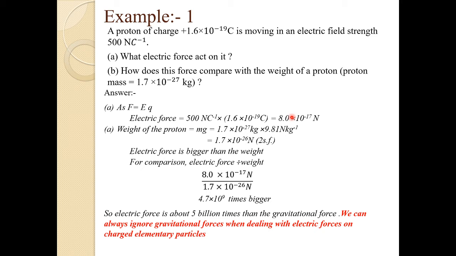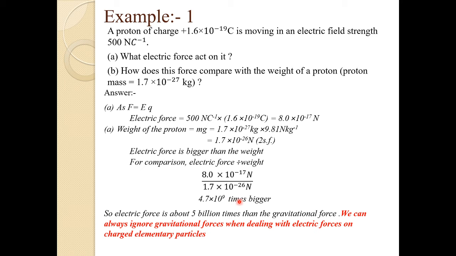No. Whenever possible in a comparison, we must say how much bigger. In order to get an idea of that, I have worked out the bigger value on the numerator and the smaller value as the denominator, to get the ratio. I have got 4.7 × 10^9 times bigger.